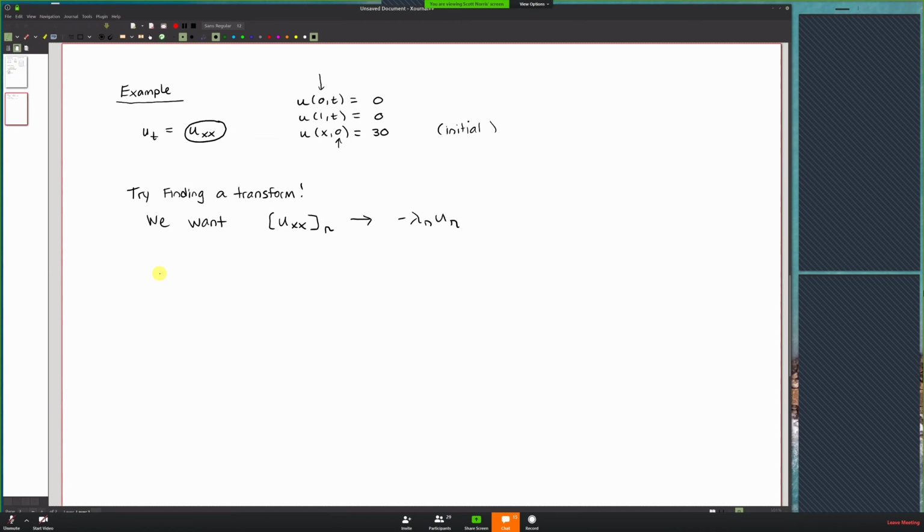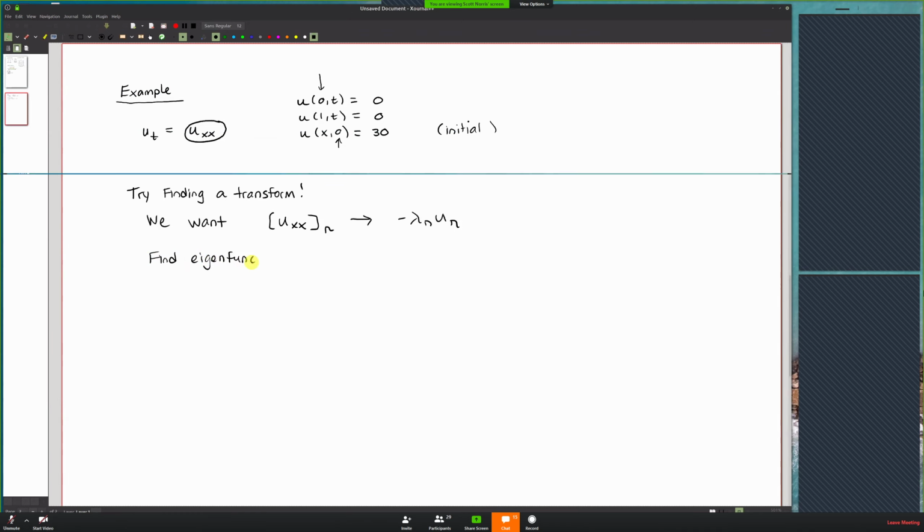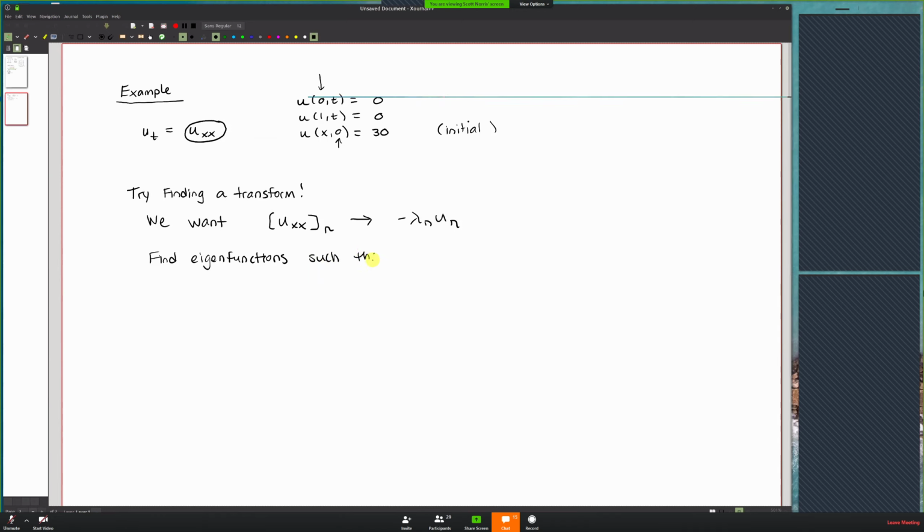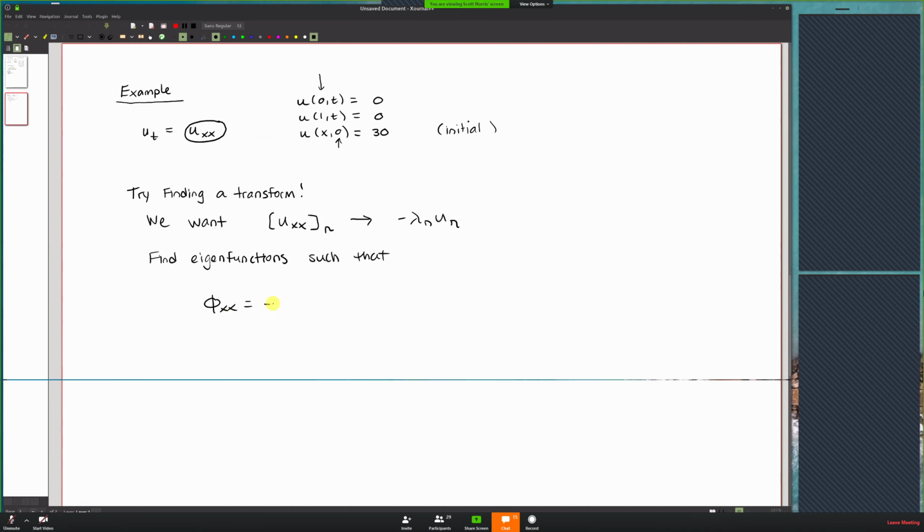We're going to find eigenfunctions such that phi_xx equals minus lambda phi, subject to what boundary conditions? These boundary conditions.